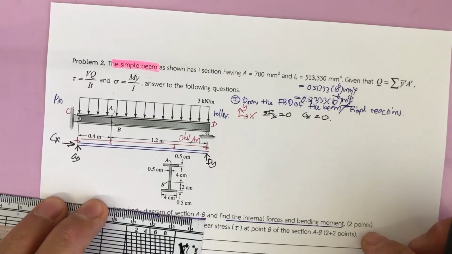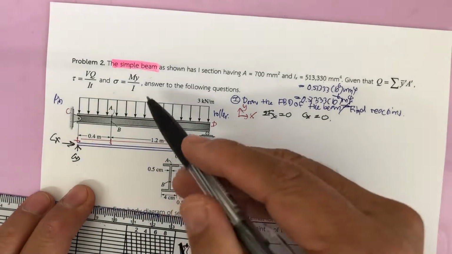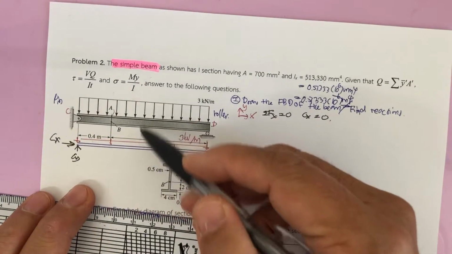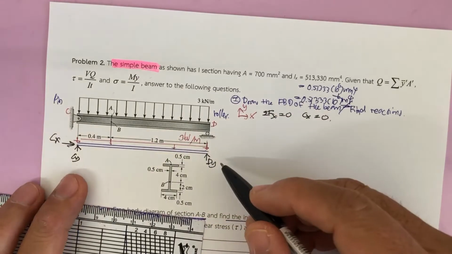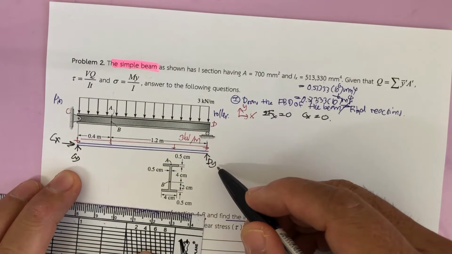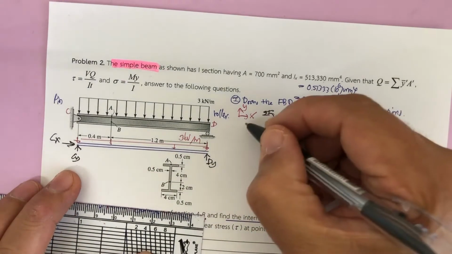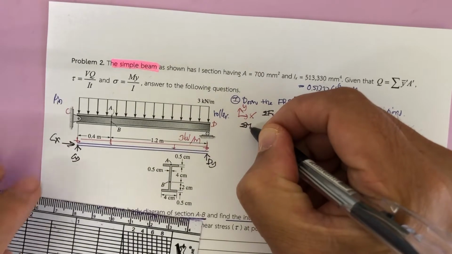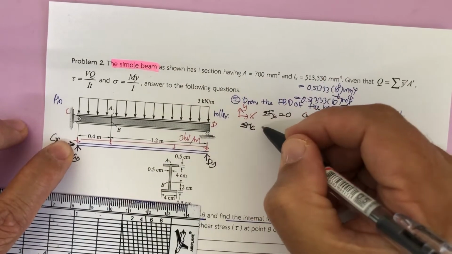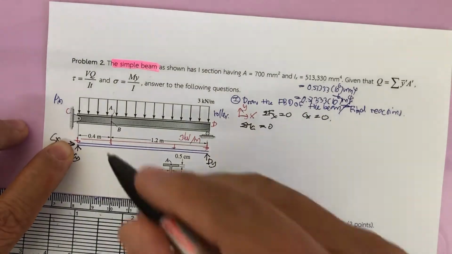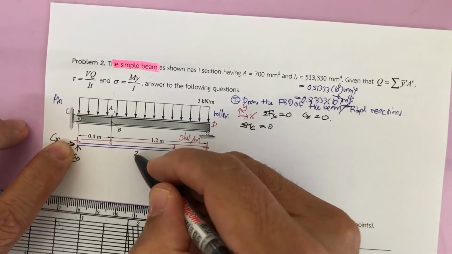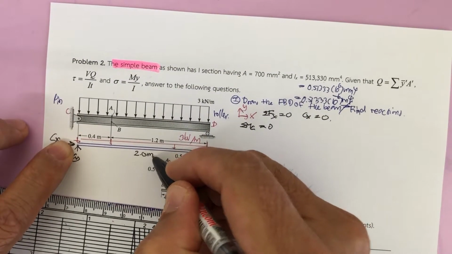And then if you look at the loading and the structure, it is symmetric, so C sub Y and D sub Y are going to be equal. You can prove it easily. Summation of the moment at C equal to 0, and you can see the beam is 2.0 meter long.